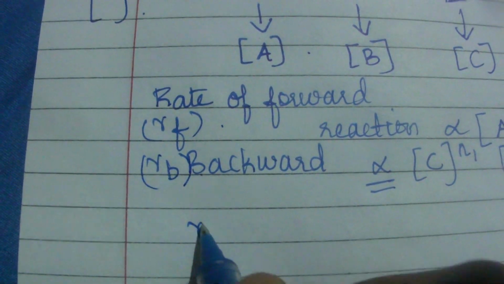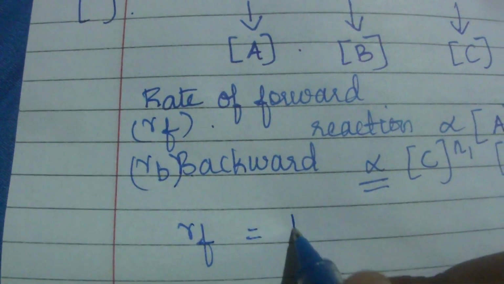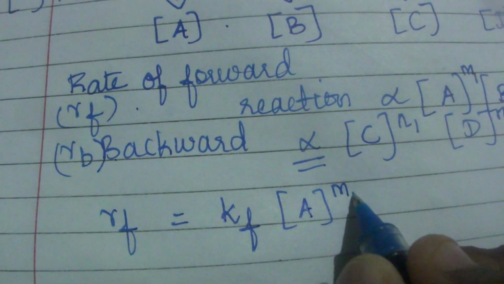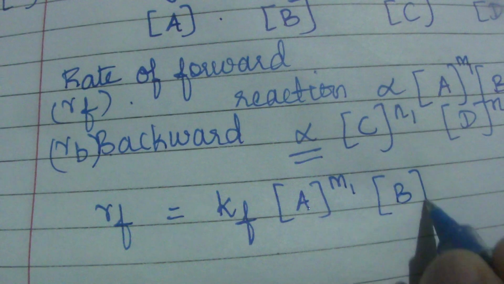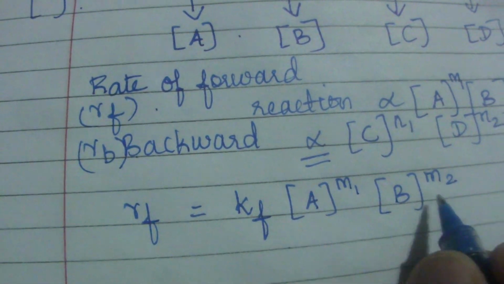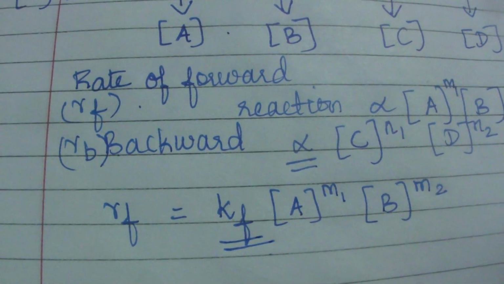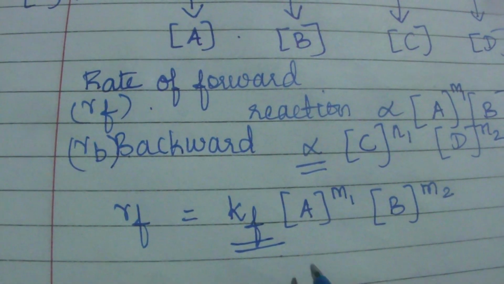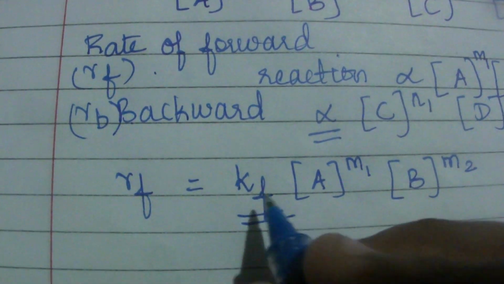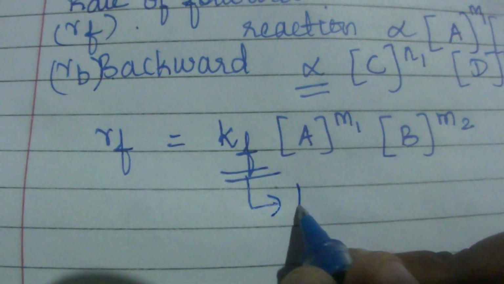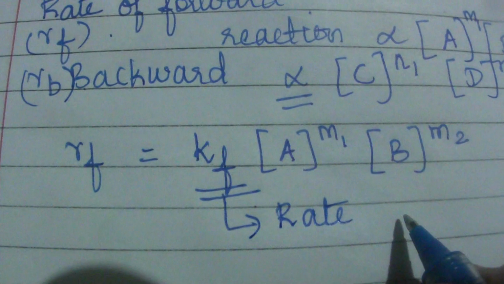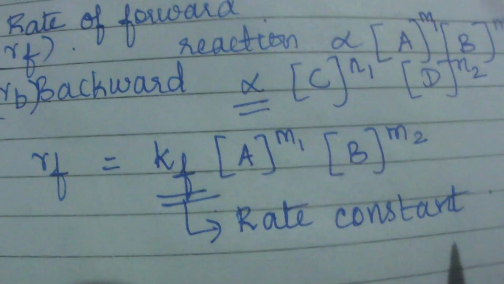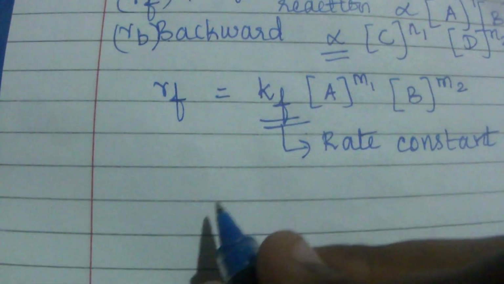So we can put RF equals KF into [A] power m1 into [B] power m2. Here KF is the rate constant of the forward reaction, a constant which is added after removing the proportionality symbol.